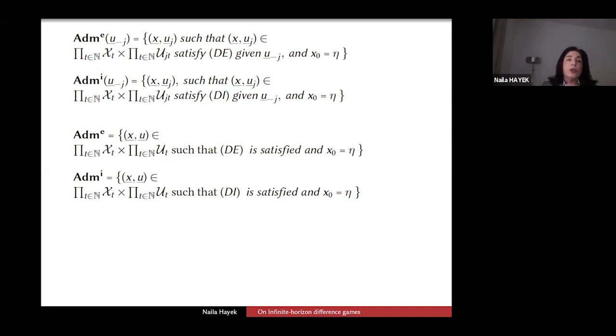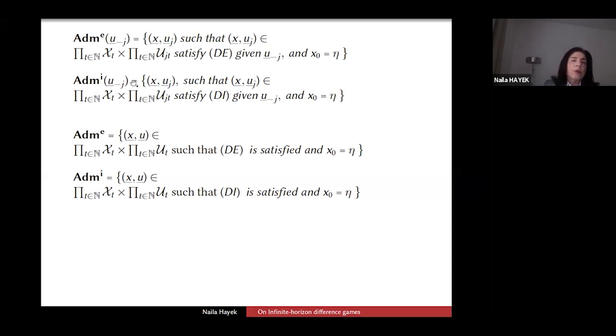If it belongs to the set product of the X_t's times the product of the U_jt's, and if it satisfies the difference equation given the strategies of all the others and, of course, the initial condition.